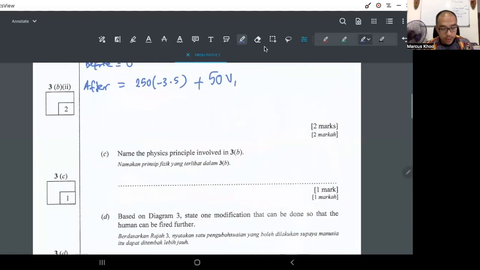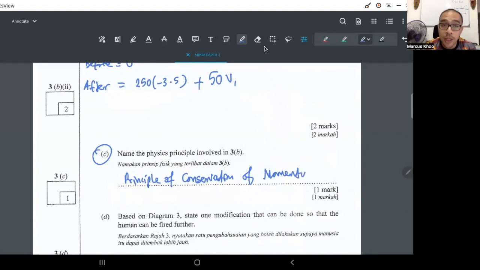And according to this physics principle, which is the principle of conservation of momentum, its name is very long, but it needs to be written in full. Based on the physics principle, which states that the total momentum before must be equal to the total momentum after, I can say that 0 equals 250 times negative 3.5 plus 50 V1.